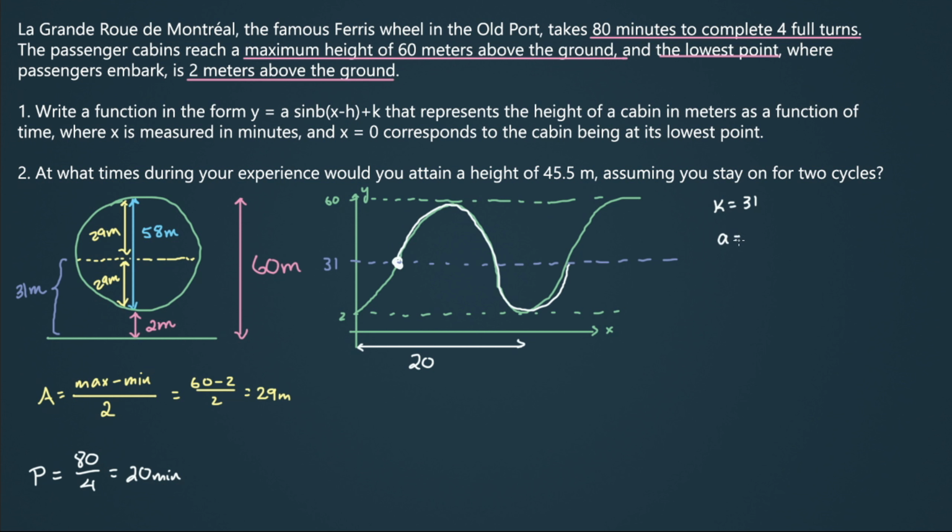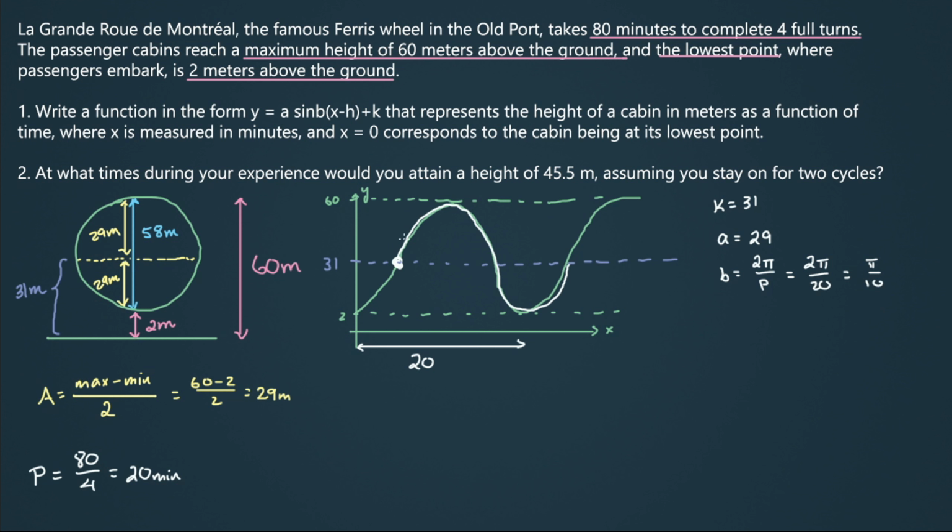That tells me that my a, which corresponds to the amplitude, is going to be 29. So we have that as well, okay? B is just going to be 2 pi over the period, and we found the period, which was 20 minutes, so 2 pi over 20, that's just going to be pi over 10. So we have the b value as well.